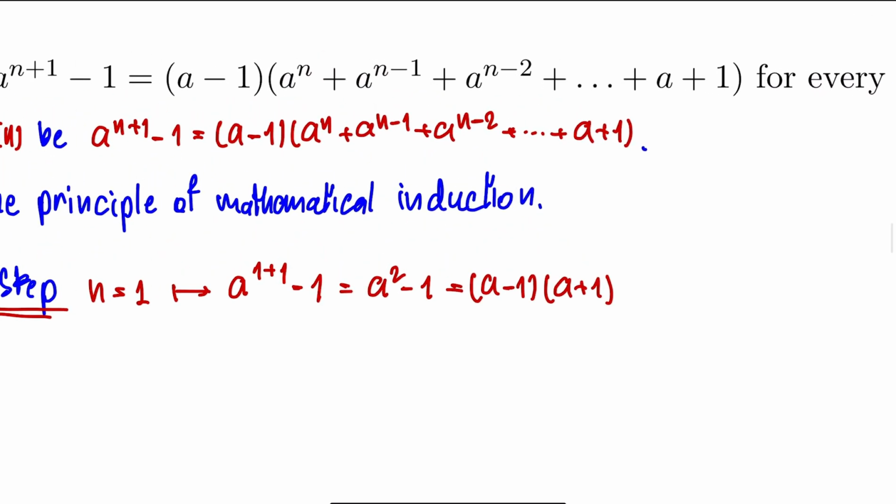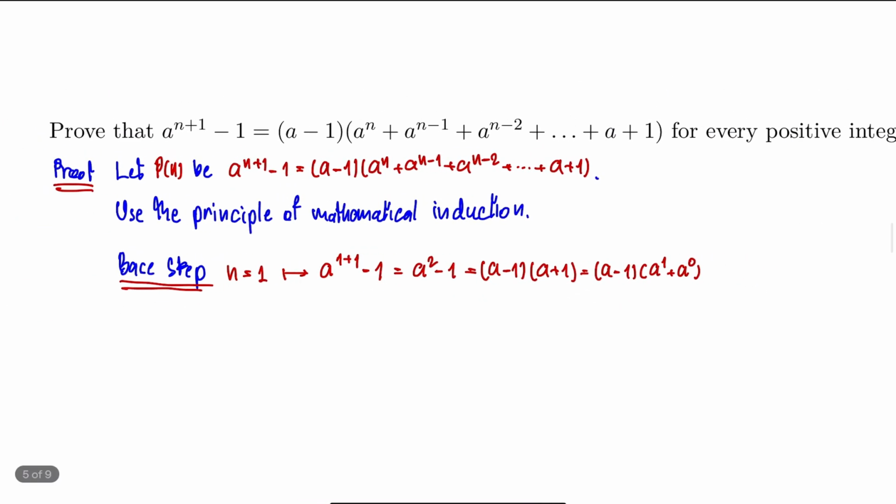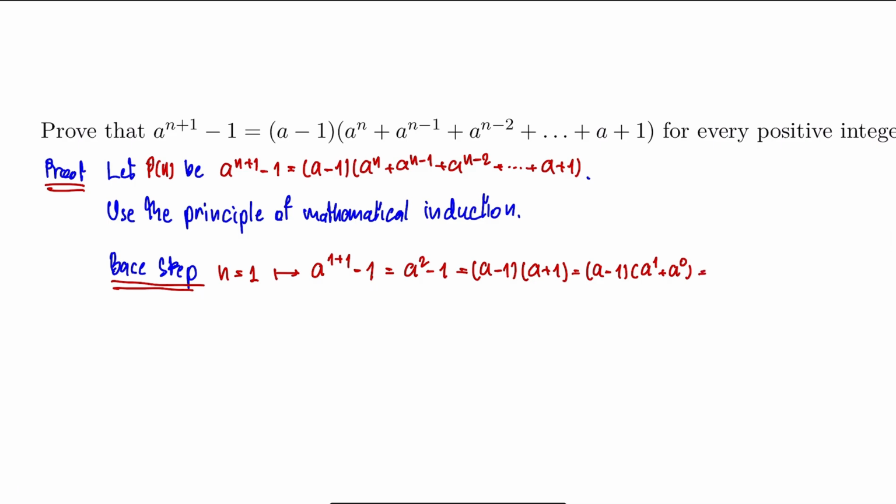So we let n be 1, and we're going to have a to the 1 plus a to the 1 minus 1. Okay, so it turns out to be a minus 1 times a to the 1 plus a to the 0, which is a minus 1 times a to the 1 plus a to the 1 minus 1.